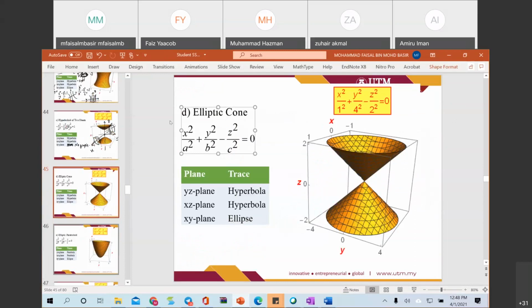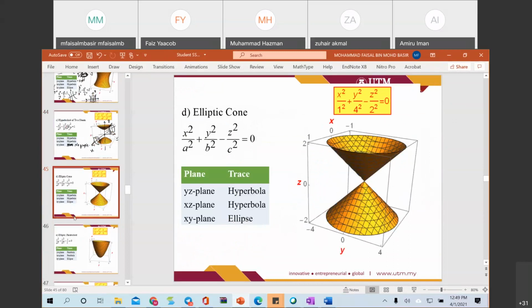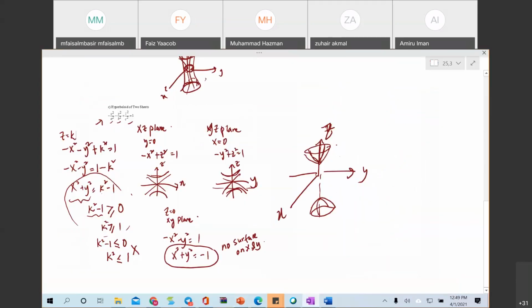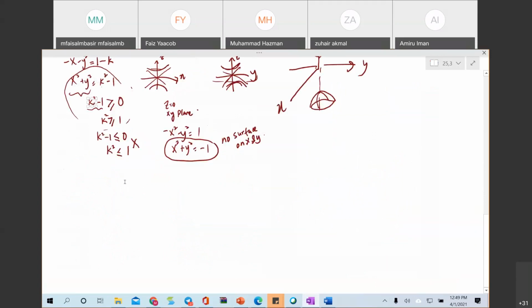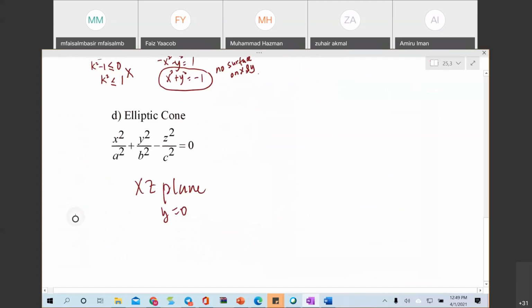Okay, for the cone, there is some element here, no graph, but we can modify. So then about the cone. For the cone, so like usual, exact plane, y0.